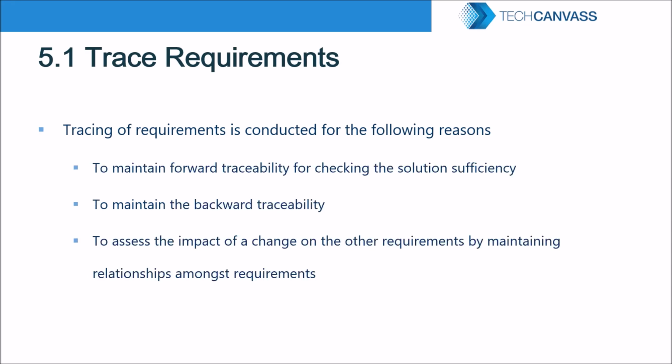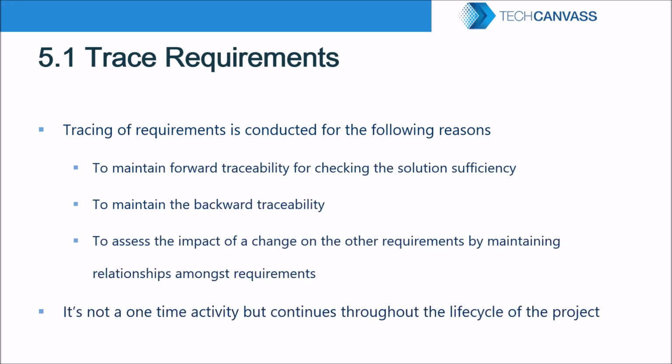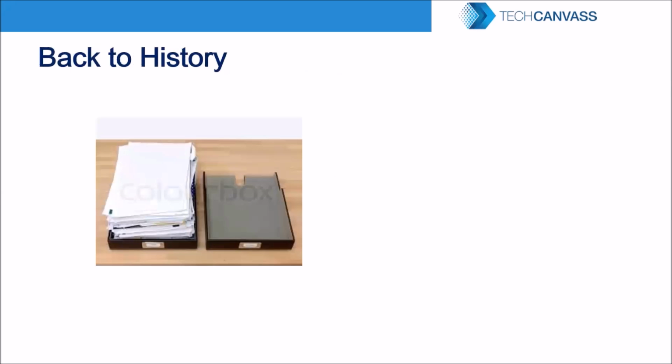What is going to be the impact of any modification or change in the existing set of requirements on the entire system, or there is no impact. Either way, that is the idea behind tracing of requirements. What do you mean by forward traceability and backward traceability? Let's have a look at it.